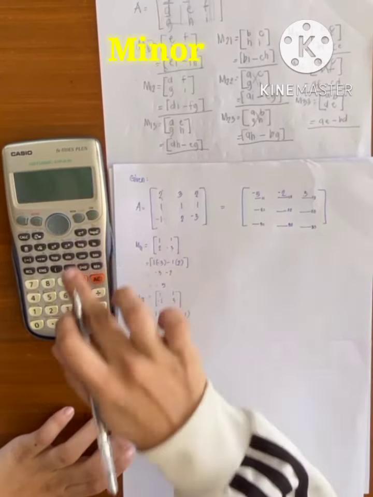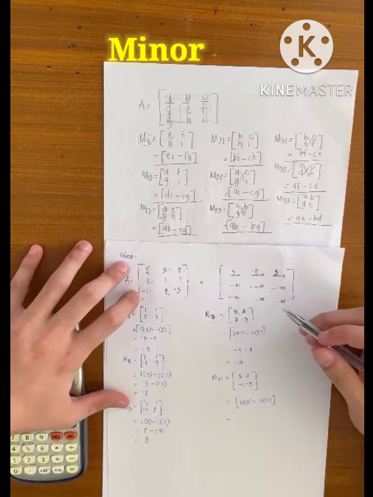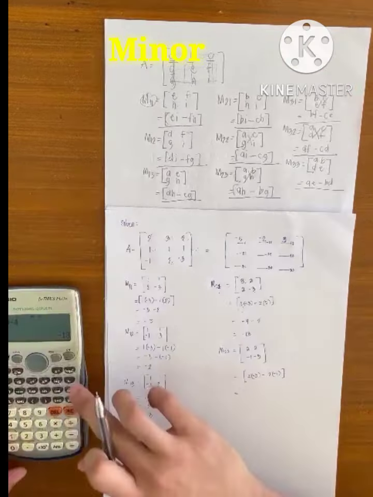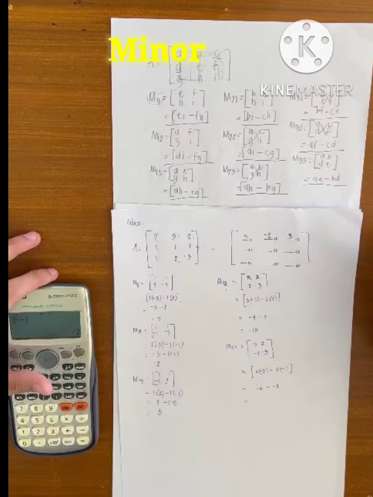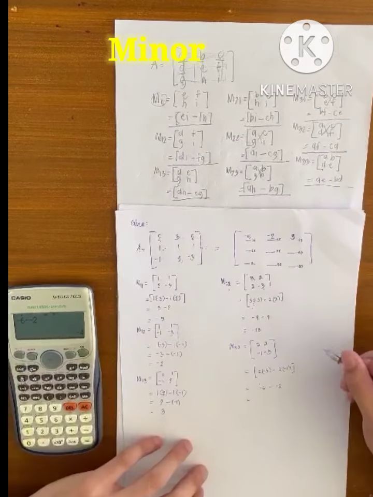Multiply: 2 times negative 3 minus 2 times negative 1. 2 times negative 3 equals negative 6. Minus 2 times negative 1 equals negative 2. Negative 6 minus negative 2, equals negative 4.